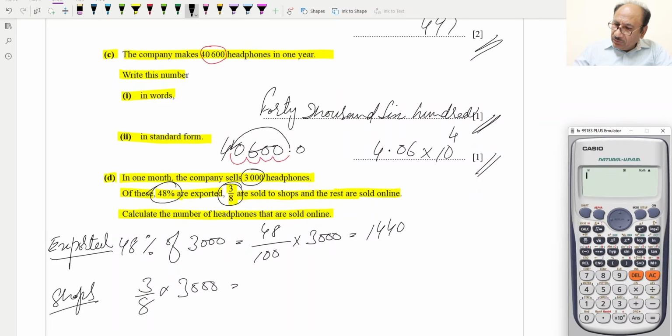We can calculate 3 over 8 of 3000, and this is equal to 1125.